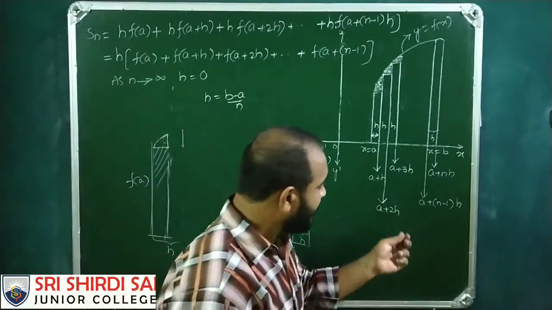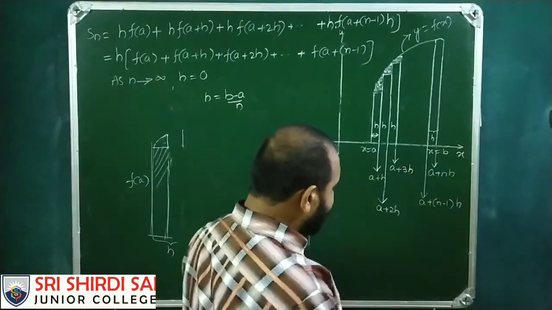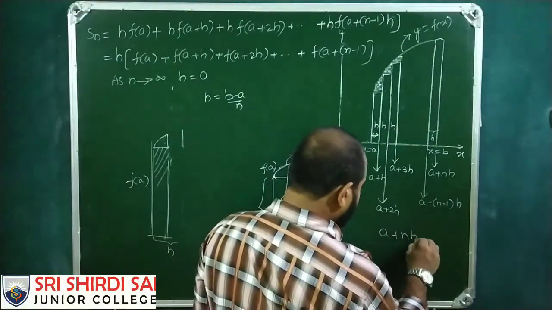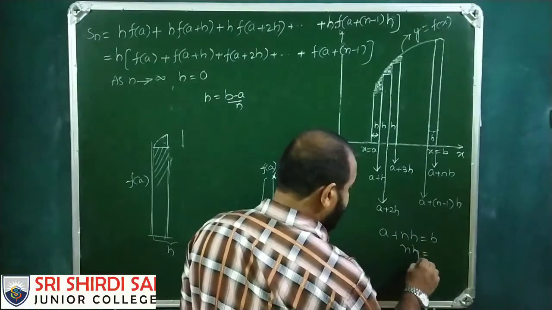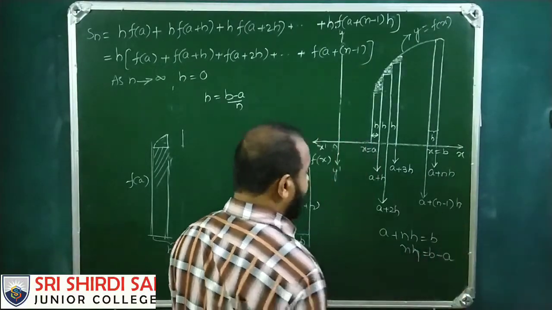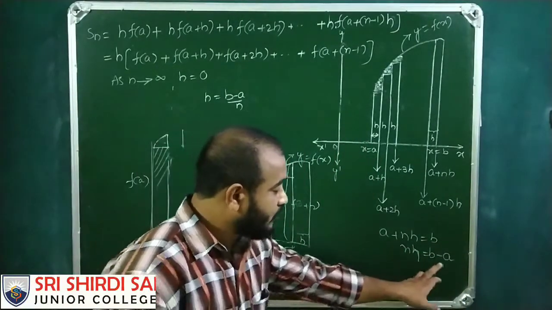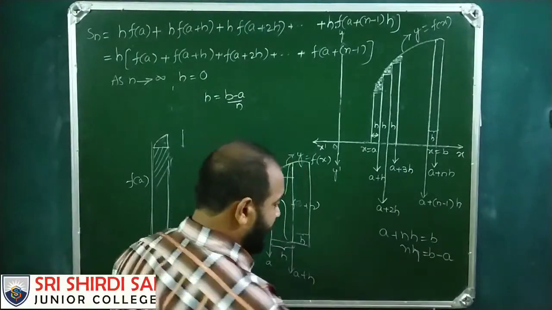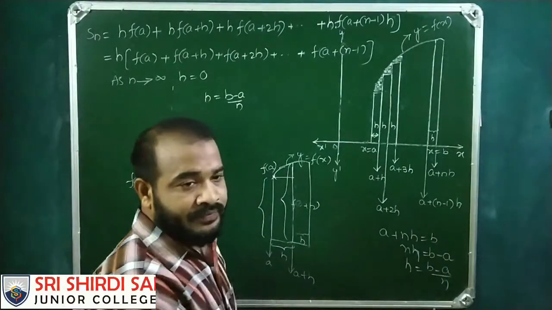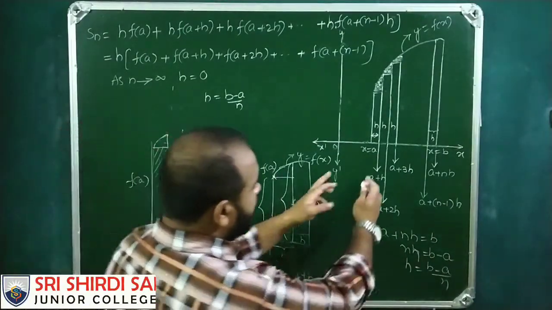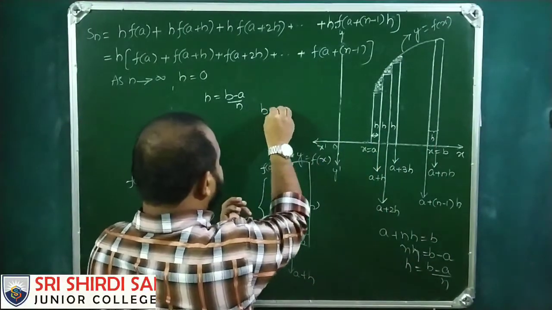Because here see this is a plus nh is equal to how much? b, or nh is equal to b minus a, or h is equal to b minus a by n. That means the total area width is b minus a.